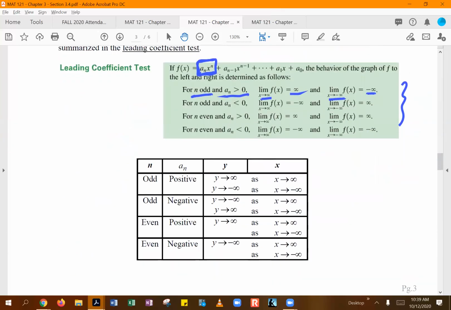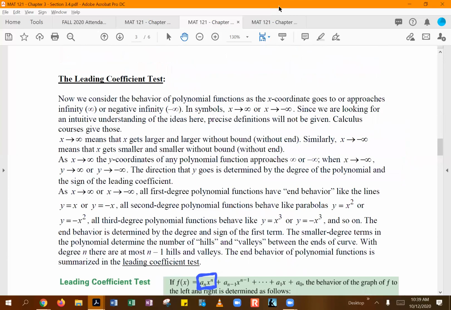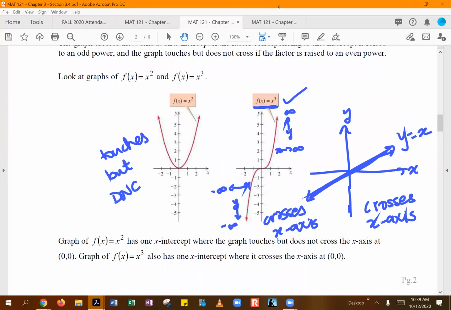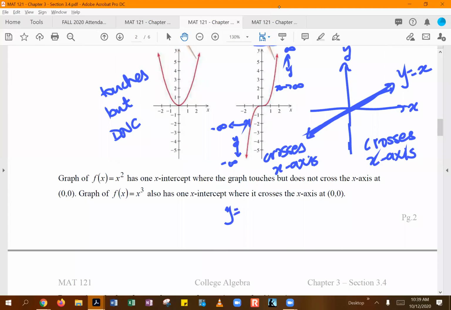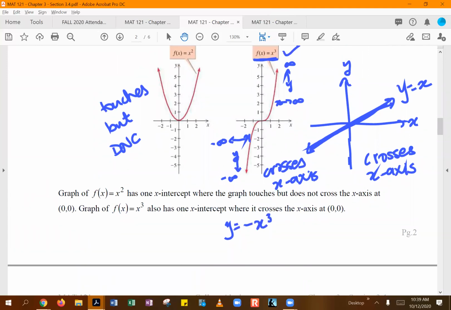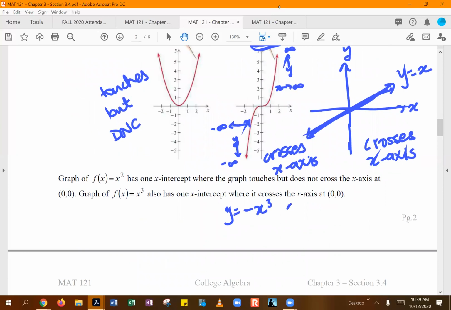With changing our coefficient for an odd function to a negative, your direction actually changes. Now when x is going to positive, you will see your y is going to negative. When x is going to negative, your y is going to positive. So if you look at the graph for the function negative x to the third, remember that by putting that negative, you are creating a reflection of the x to the third function, which means this arm would go up and this arm would go down.